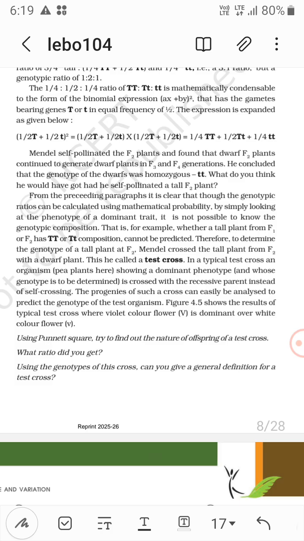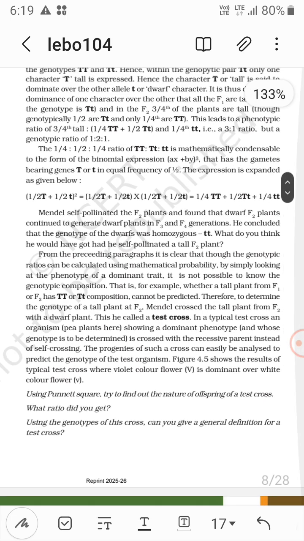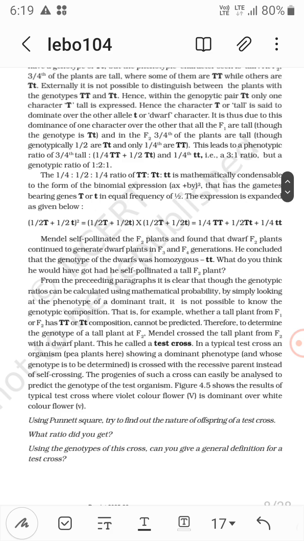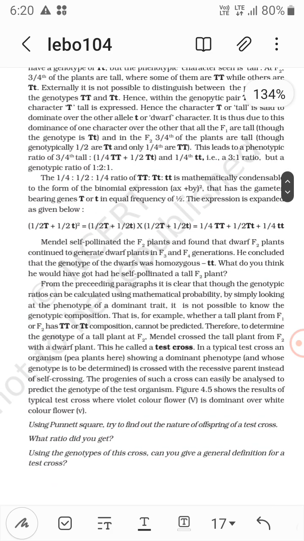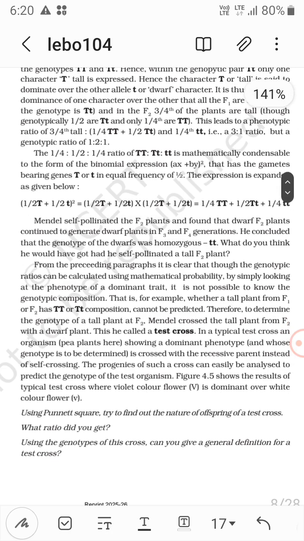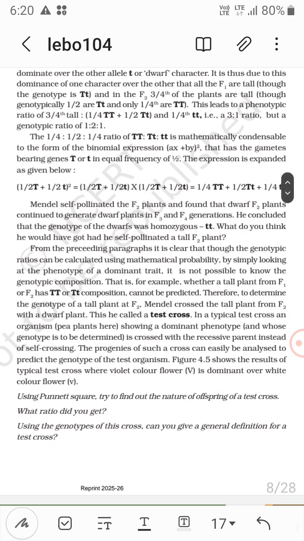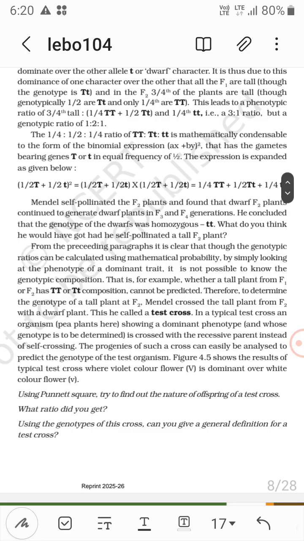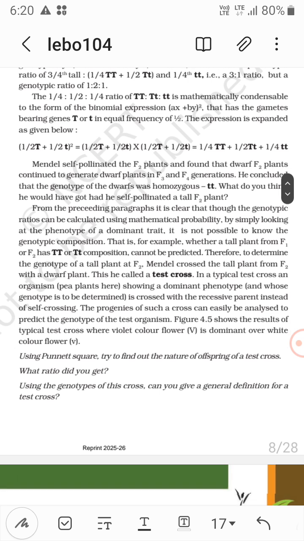We can say through the external appearance that the plant can be tall or dwarf, but it is not possible to know the genotypic composition. For example, whether a tall plant from F1 or F2 has capital T capital T or capital T small t composition cannot be predicted.